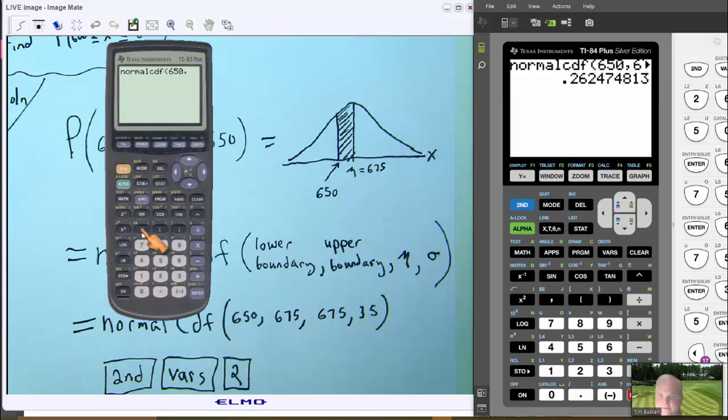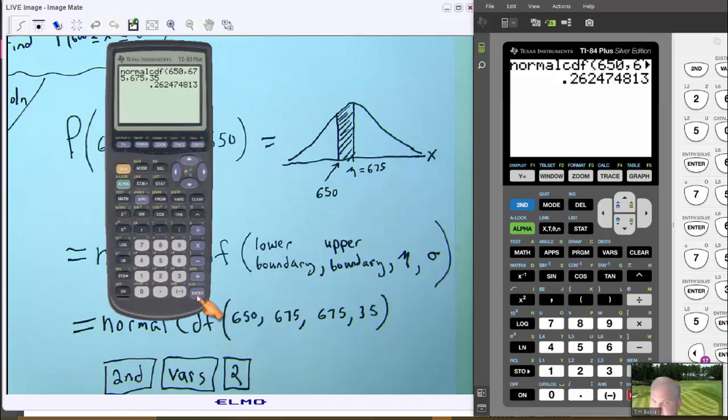So 650, 675, comma, now tell it what the mean is, 675, comma, 35, the standard deviation, and then hit enter. That's how you get the probability that x is between and including 650 and 675.